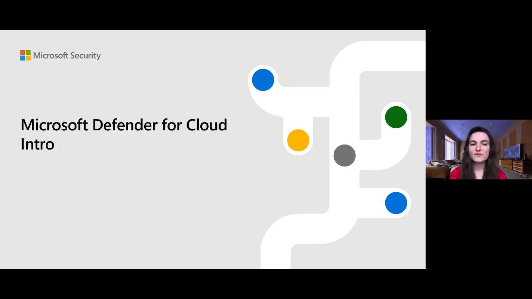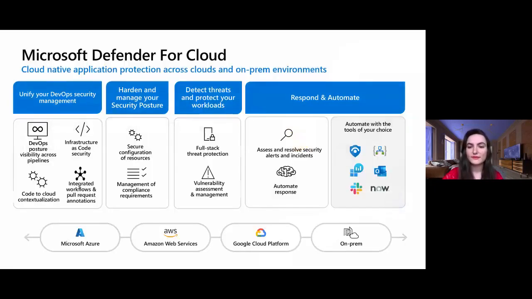But before we get into any of that, let's talk about what is Microsoft Defender for Cloud very briefly for anyone who is not so familiar with it. Defender for Cloud is a cloud-native application protection across your clouds and on-premises environments. Using Defender for Cloud, you can now unify your DevOps security management directly with Microsoft Defender for Cloud.